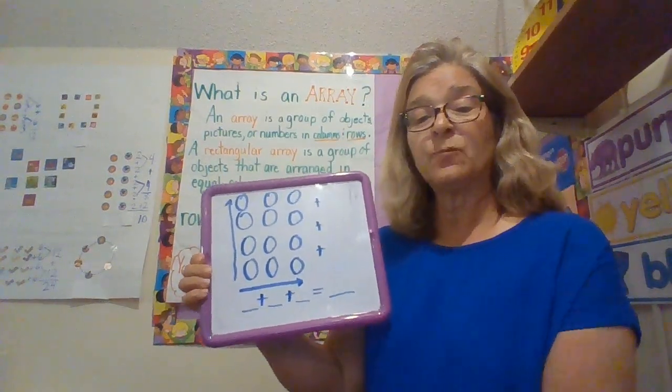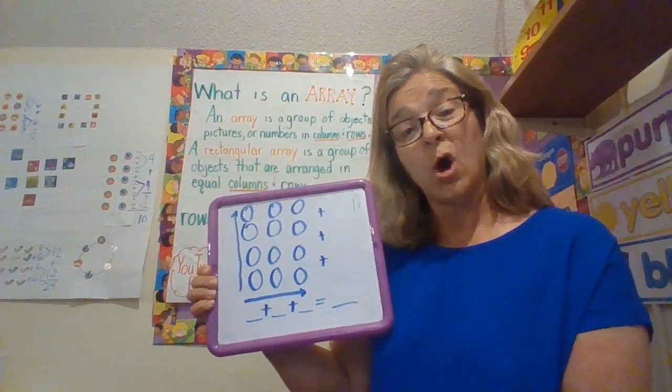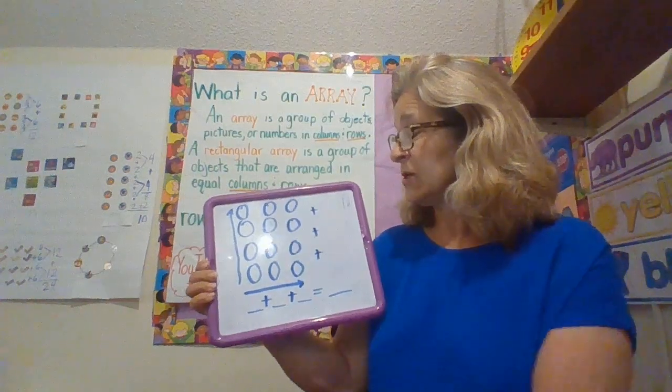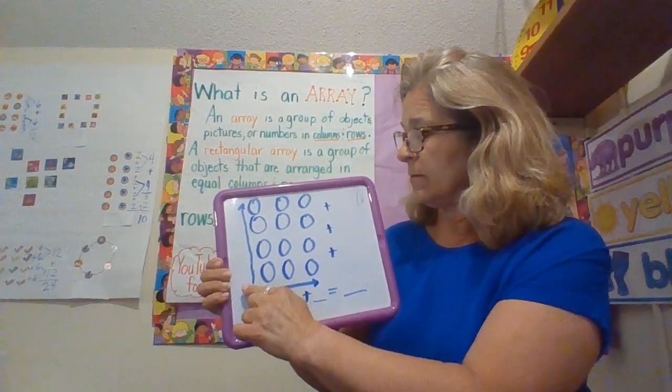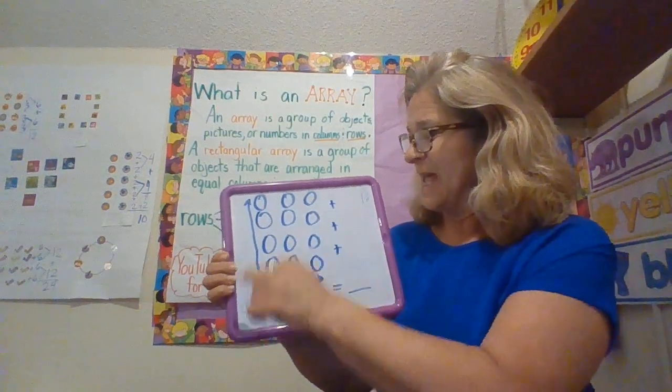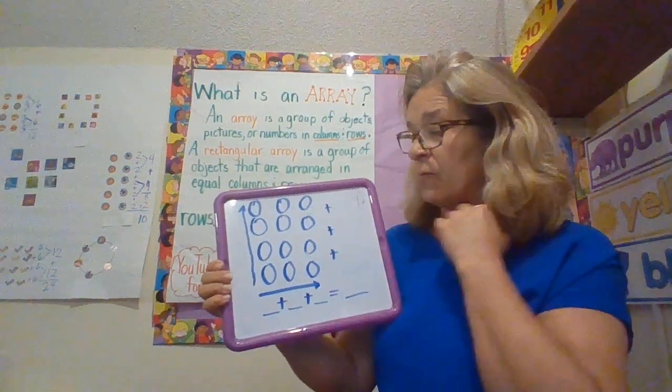When we look at this array, remember arrays are repeated addition. When we look, we see these are the columns. I'm sorry, and these are the rows.